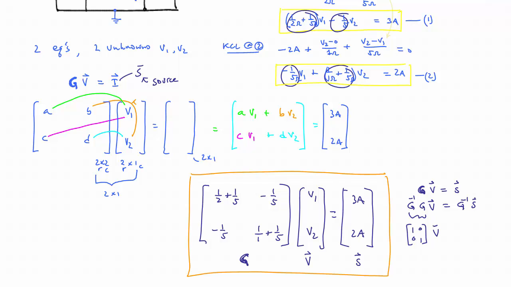And so what we have is that the unknown voltage vector V is equal to the inverse of our conductivity matrix times our source vector. So if you have a calculator or a computer program that can take the inverse of a matrix and then multiply it by a vector, then you could solve for this.